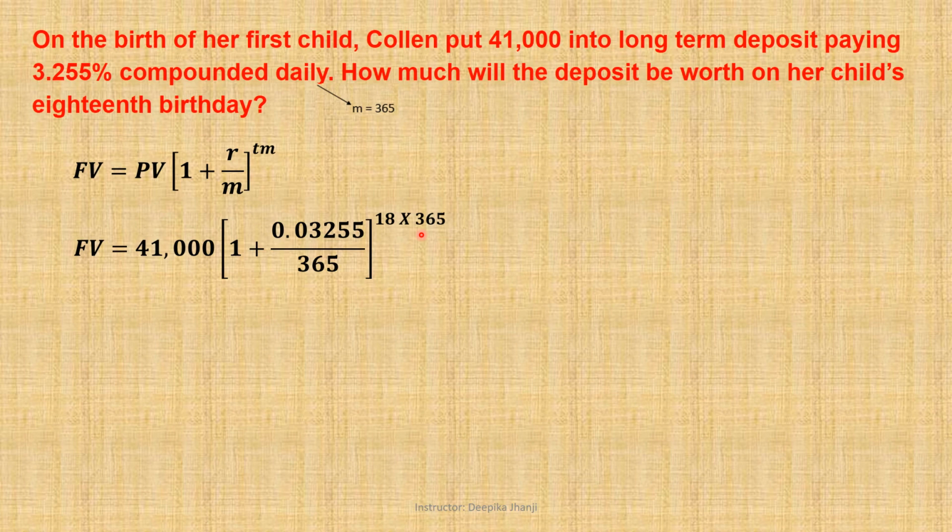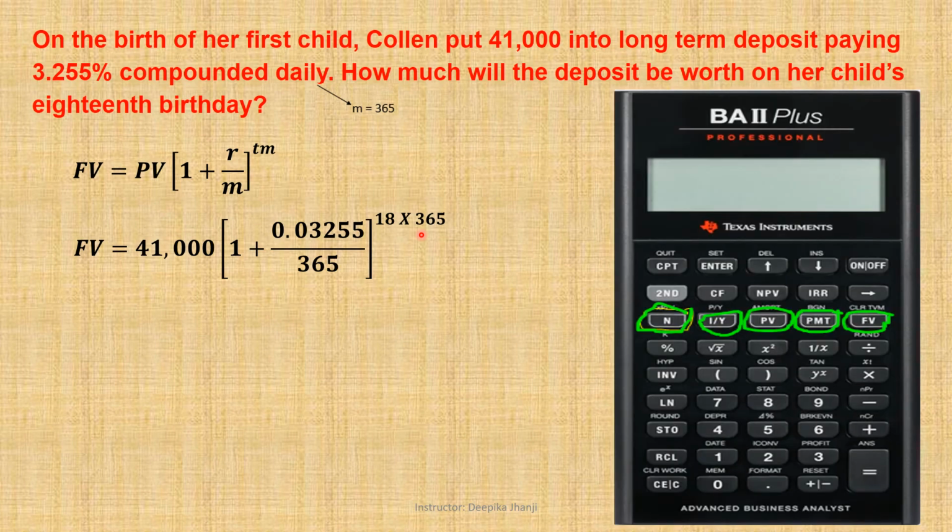Now the tip to solve this equation is to solve 18 times 365 first using the calculator. So when you multiply 18 times 365 equals, you can store this value. Press store and put some number, maybe 1. Store at place number 1. Okay, and keep this in mind.